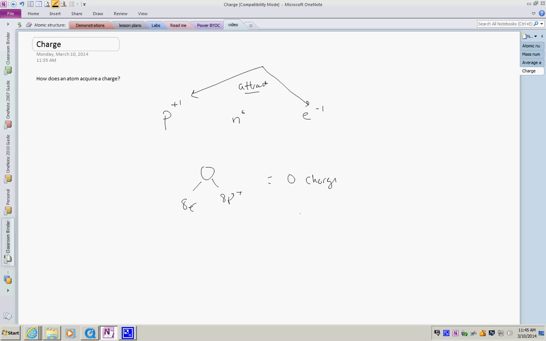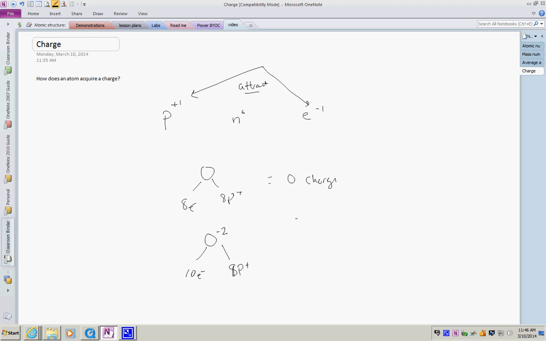There is a possibility that, because of the structure of the atom, a particular atom will pick up or lose electrons in order to acquire a certain stability. Oxygen has the ability to form a -2 charge, and we'll learn more about that in upcoming videos. But in this case, it still has its 8 protons, and now it has 10 electrons.